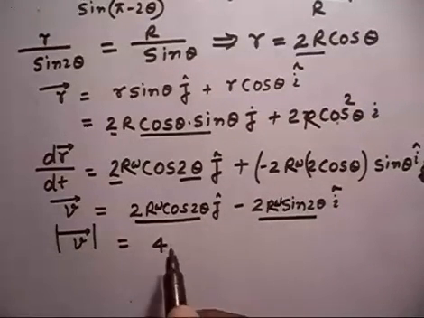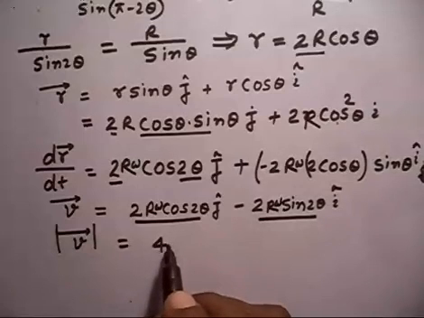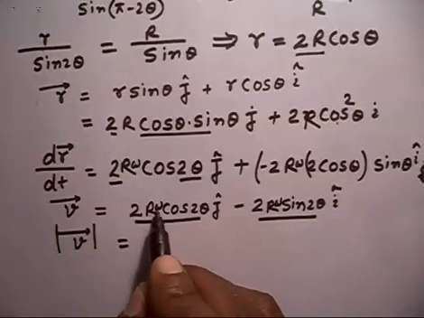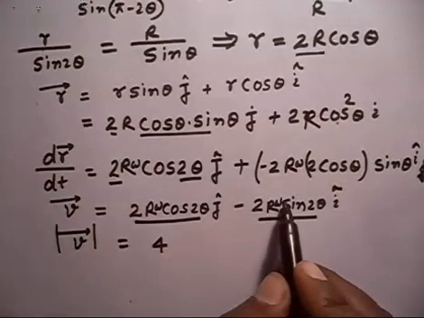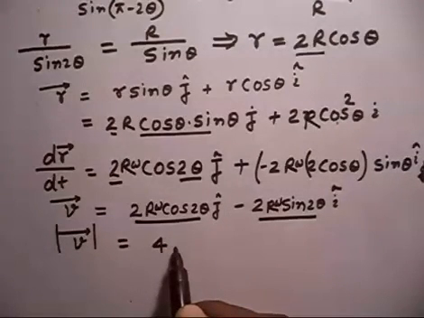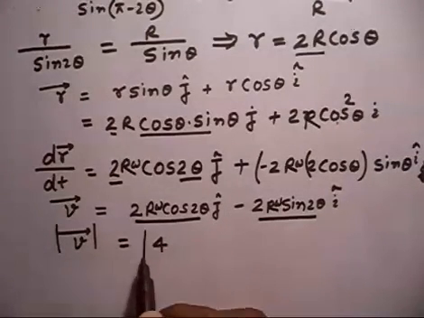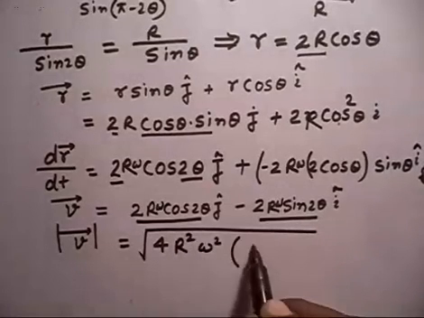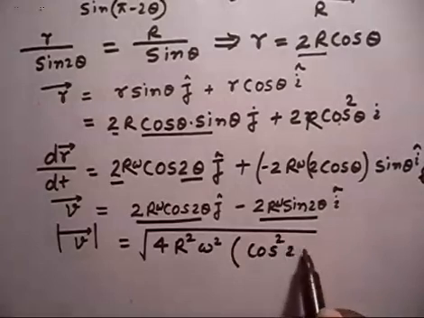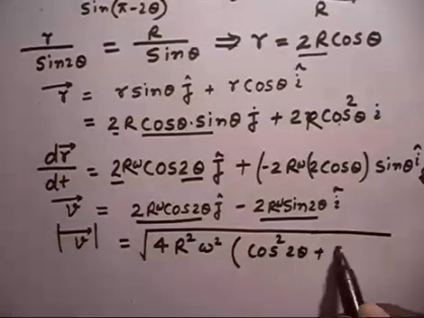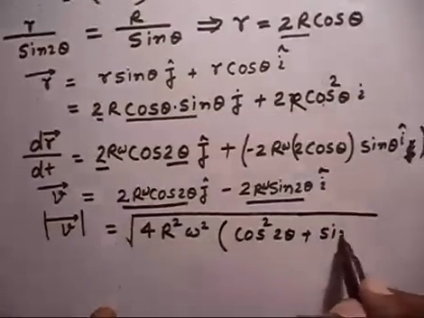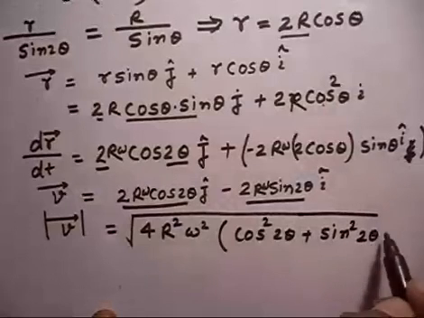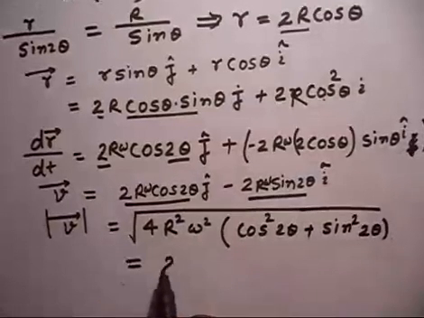Now if you square this term, this is 2r squared omega squared, here also 2r squared omega squared, and sin squared theta plus cos squared theta is 1. So root over 4r squared omega squared, cos squared 2 theta plus sin squared 2 theta, and this equals 1, so this simply becomes 2r omega.